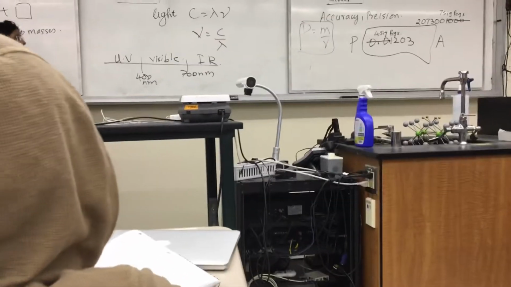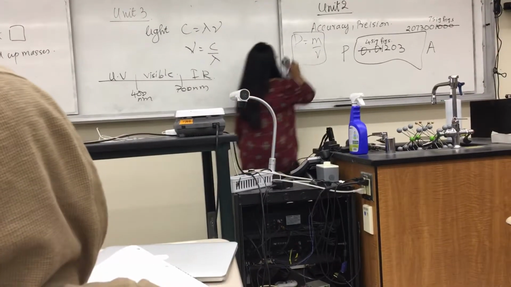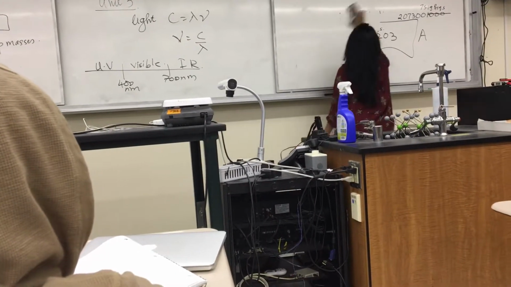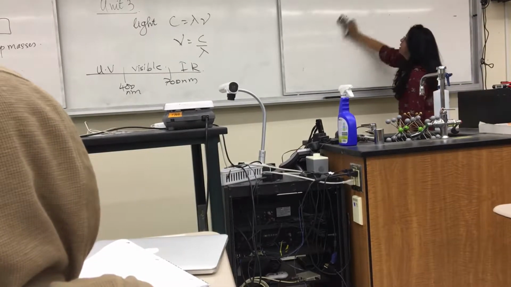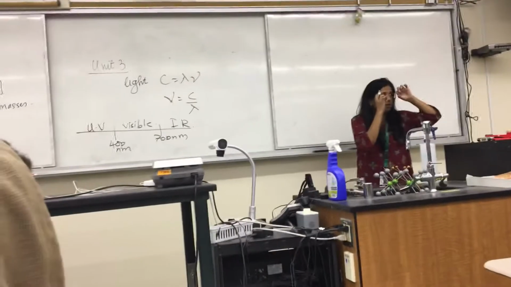Now, the next interesting thing is that in an atom, how do you get the flame test? Do you remember the flame test? And do you remember looking at the lights, the gas tubes, through the spectroscopes?